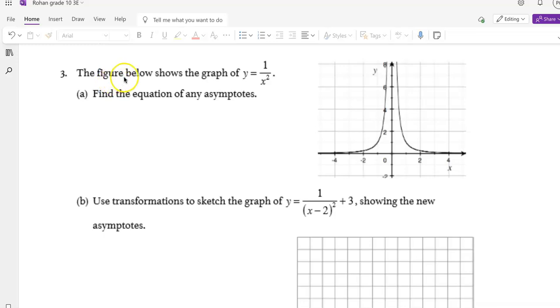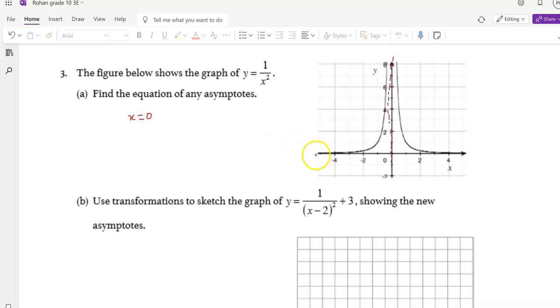The figure shows the graph of y is equal to 1 upon x squared. Find the equation of any asymptotes. You have a vertical asymptote here, x is equal to 0.